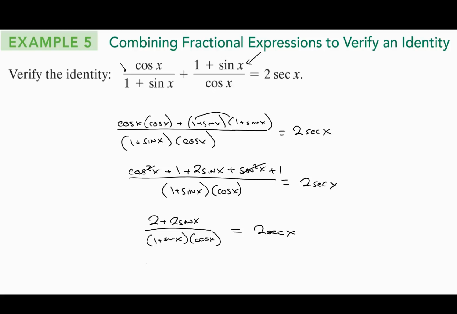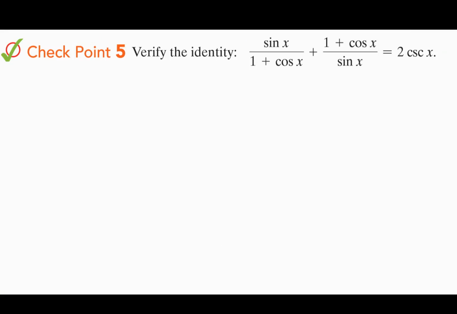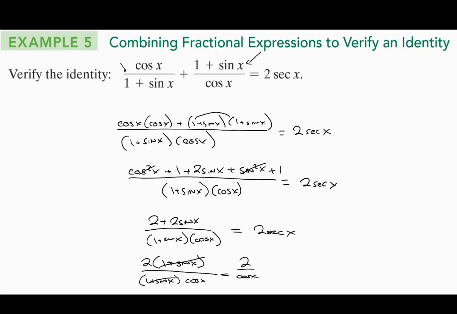I can factor out a 2 there, and I'm left with 1 plus the sine of x over, and look at this, 1 plus the sine of x times the cosine of x. These two cancel, and I'm left with 2 over the cosine of x. 2 over the cosine of x is the same thing as 2 times 1 over the cosine of x, and 1 over the cosine of x is the secant. So 2 times the secant. Ran out of room there.